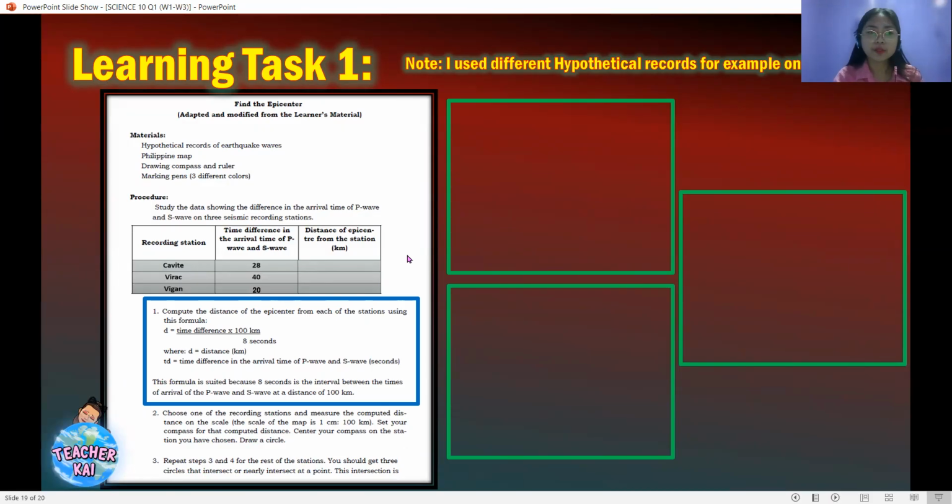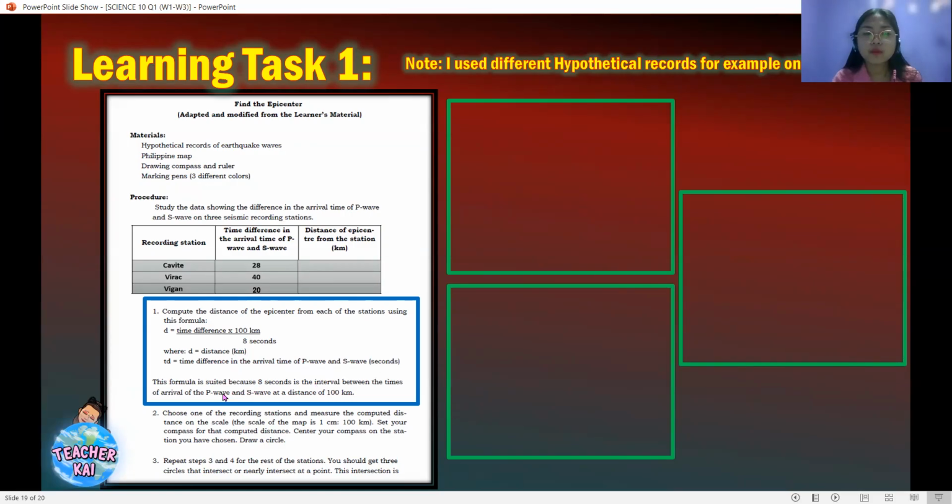So the first procedure, compute the distance of the epicenter from each of the stations using the formula D, or distance, is equal to time difference times 100 kilometers divided by 8 seconds, where D equals distance and TD is the time difference in the arrival time of P wave and S wave in seconds.